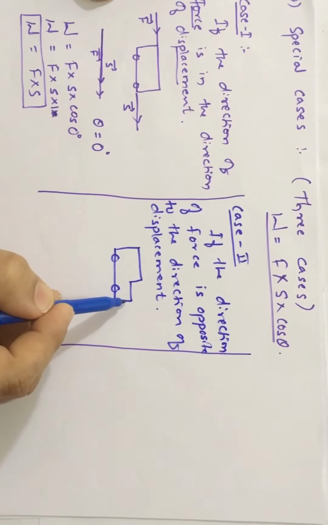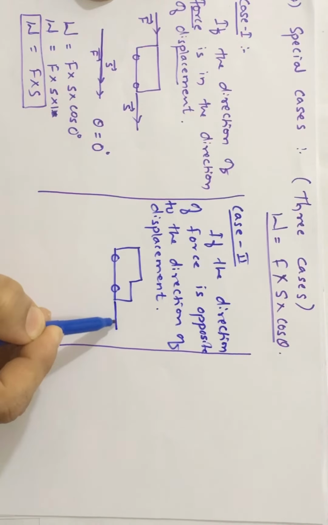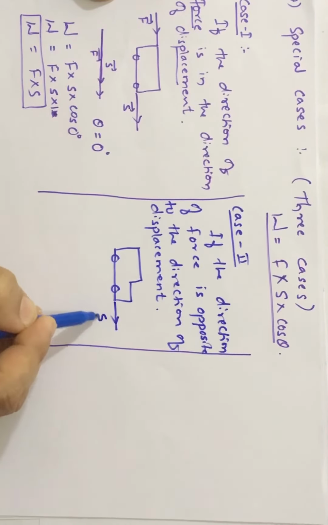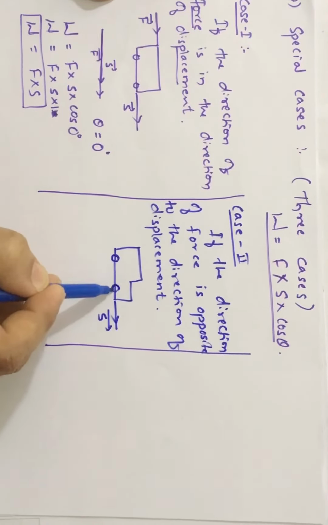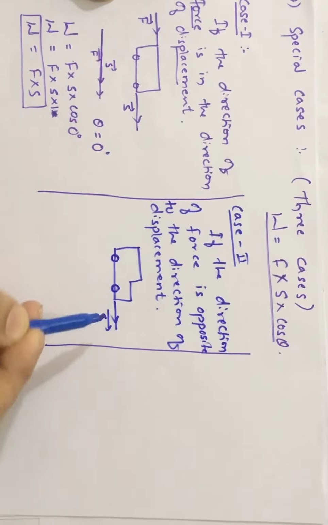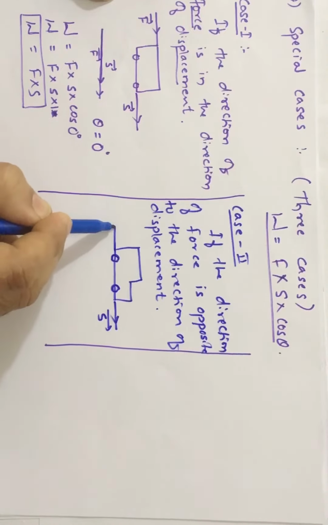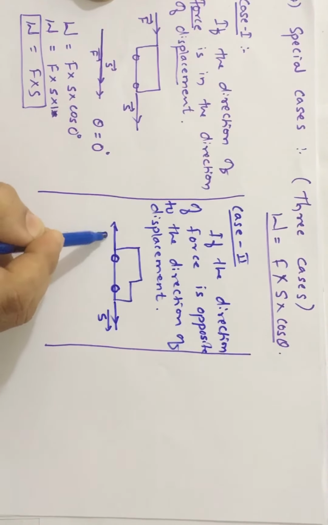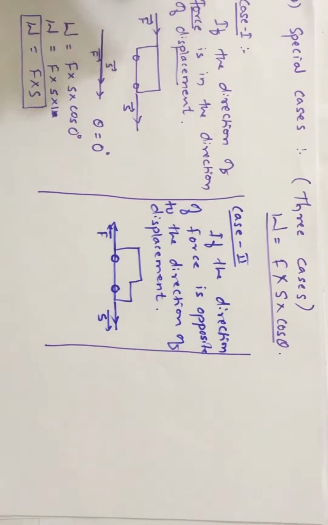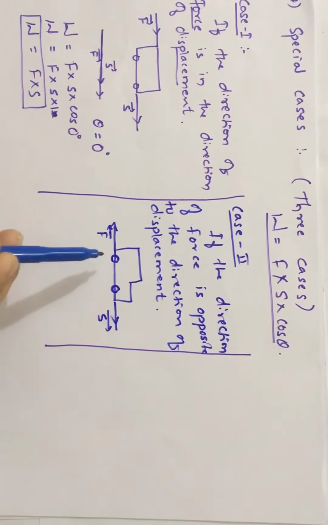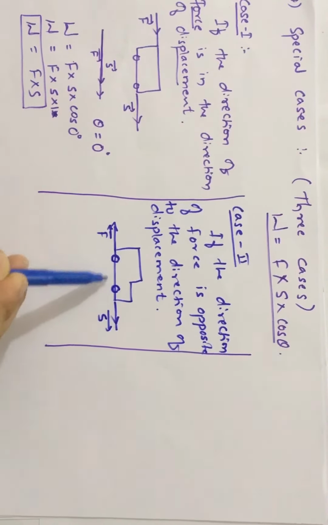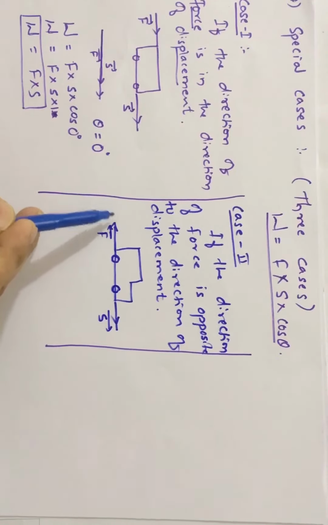When the car is moving in the forward direction, suppose the car is moving in this direction, so this becomes the displacement made by the car, but the force applied by the wheels of the car is in the opposite direction. Okay, so the car is moving in this direction, the displacement made by the car or movement made by the car is in this direction, but the force applied by the wheels of the car is in the opposite direction.